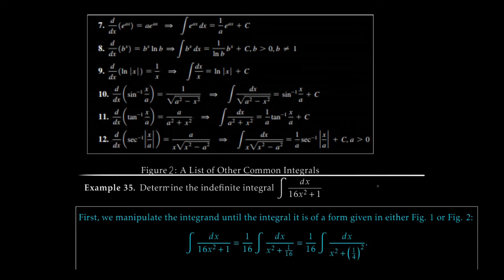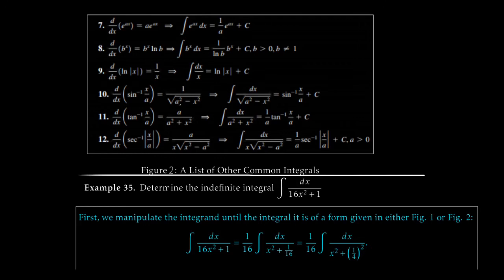Easy enough. All we have to do is manipulate this guy until it's in a form given in either the first figure or the second figure. That is, until it looks like a result we already know about derivatives. So I see that I have dx over something times x squared plus 1.